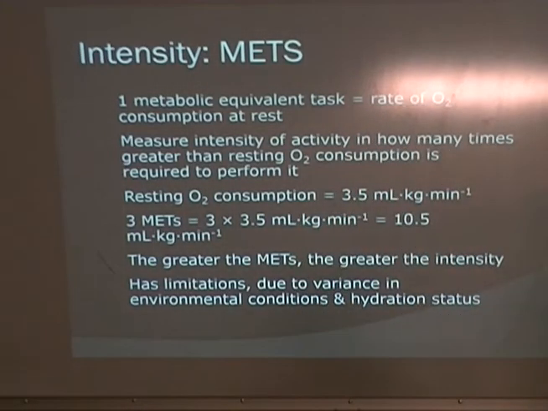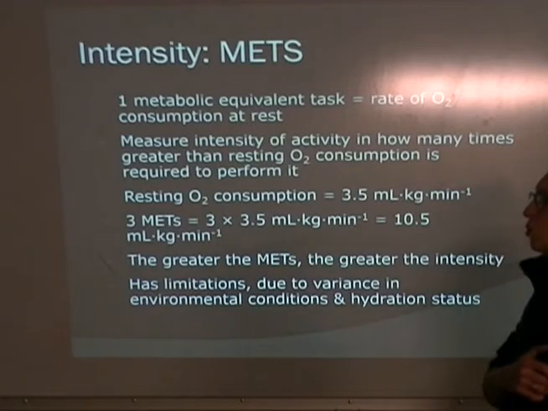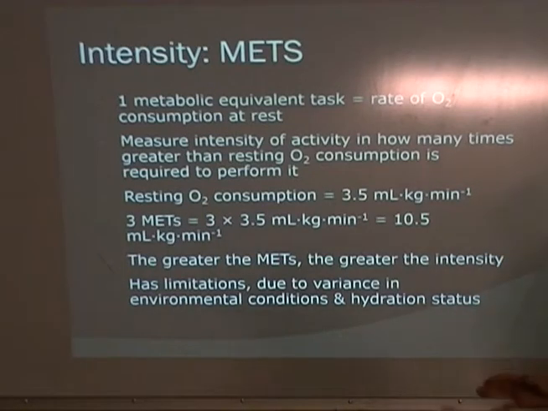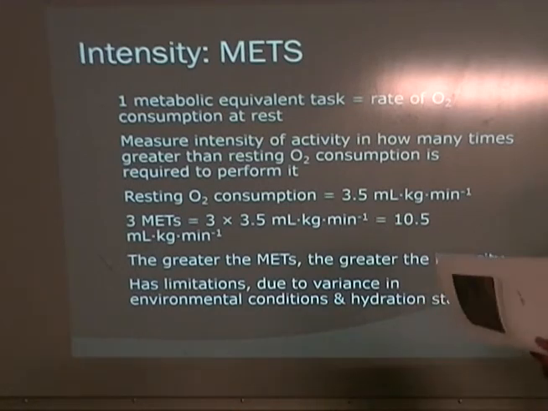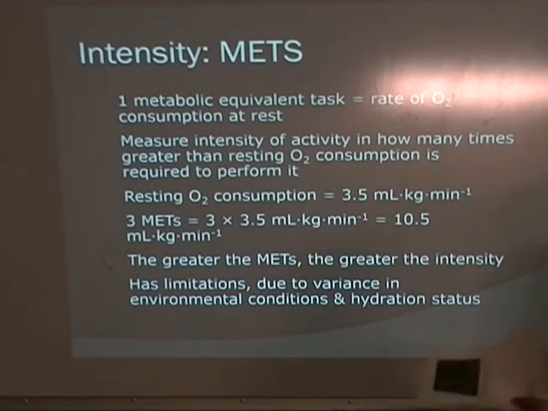And so, again, when we use METs, unless we are in a lab and hooked up to a computer, we're really estimating how hard we're working, all right? One MET is how much oxygen I need to sit down and do nothing, right? So, on average, that is about 3.5 milliliters per kilogram per minute.